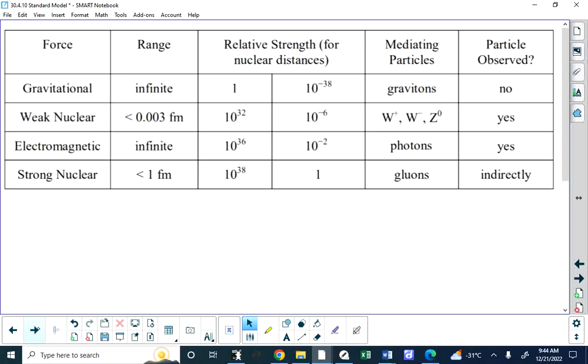Yes? Do any of those particles have masses? Do any of these particles have masses? Well, we can't say about the graviton because we haven't detected it yet. I would say, well, photons do not. I don't believe gluons do, and I don't believe the W and Z bosons do.